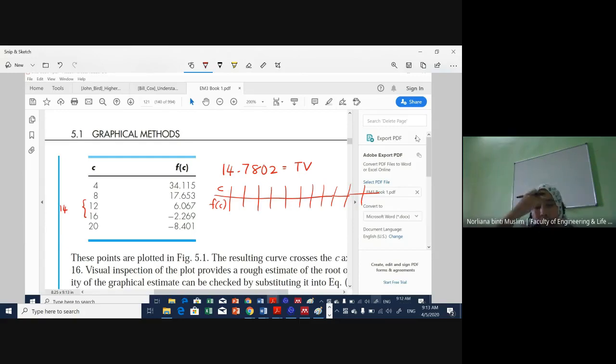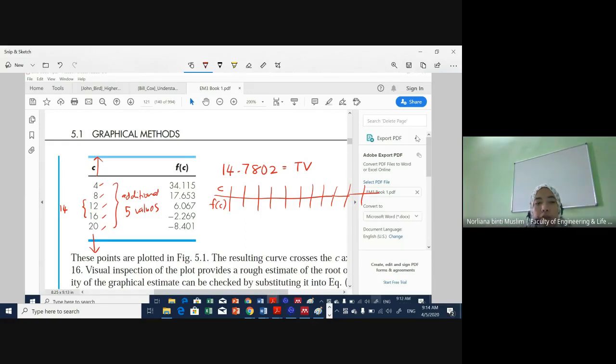In the graphical method, you are supposed to choose suitable values. Like this one, they are choosing 4, 8, 12, 16, 20. But in the table, it's not enough. So you are supposed to have an additional 5 more values. You can extend and add another 5 values.